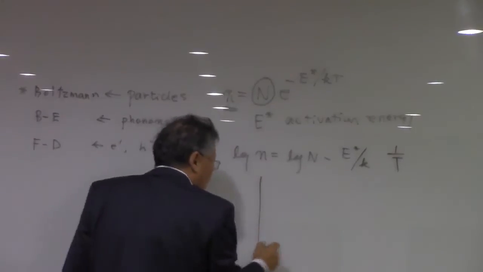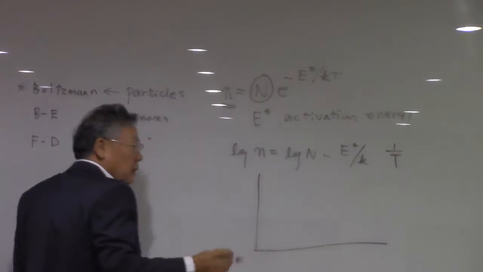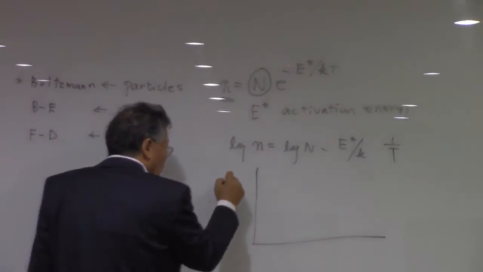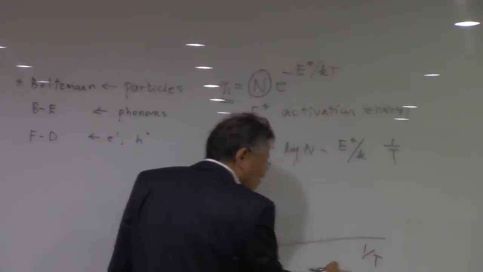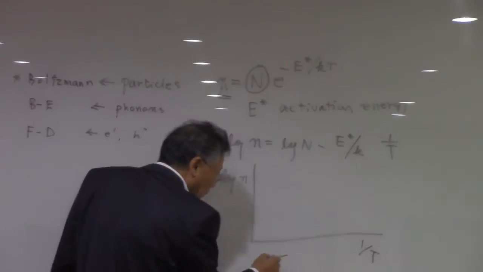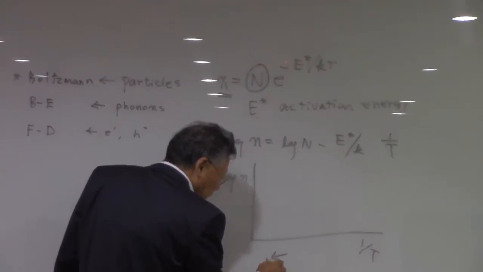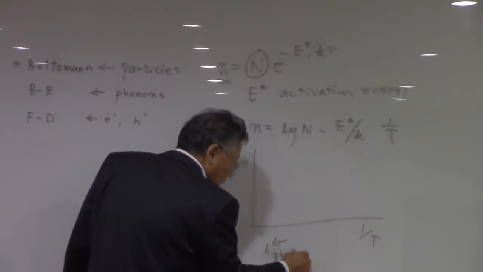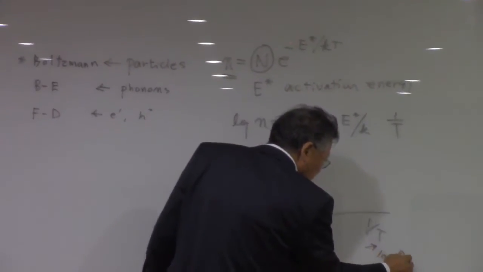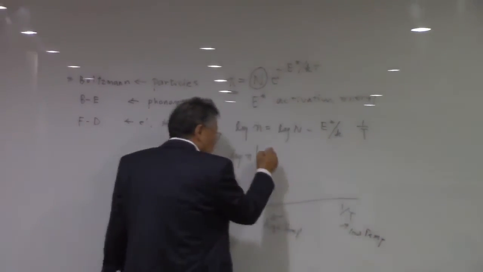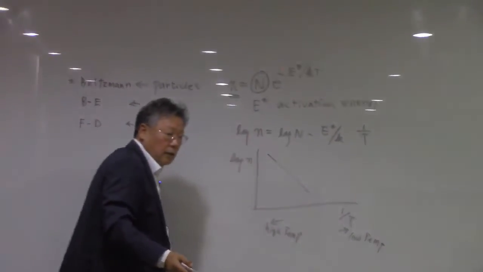So the beauty of this Boltzmann statistics is that when you plot that in 1 over T, this is a high temperature, and of course this is a low temperature, then we're supposed to have a straight line.